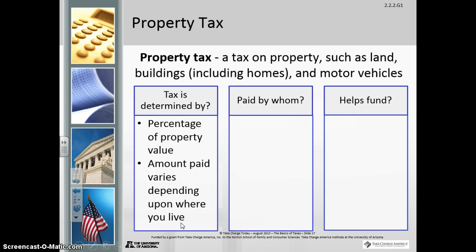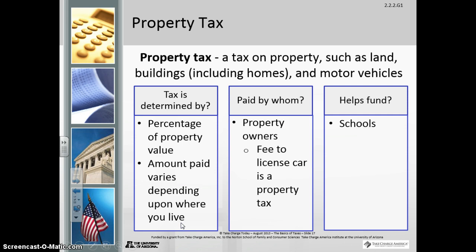So there's a different amount based off of the counties. Paid by whom? That's property owners. So this is anybody that owns something. So if you are renting, that's not the same thing. Fees to license cars are a property tax, and it helps fund schools and expenses of state and local governments.